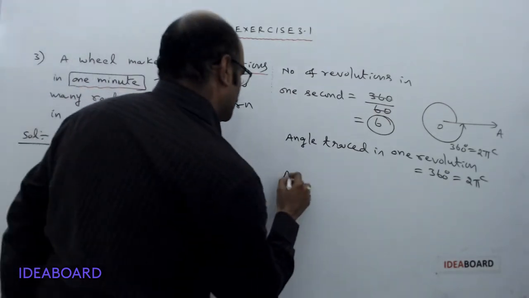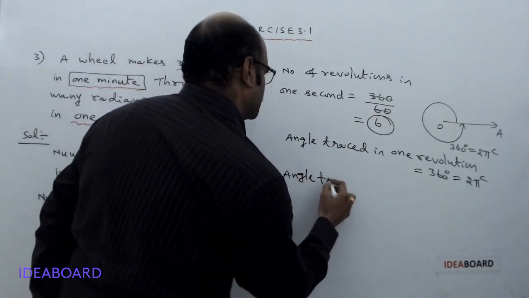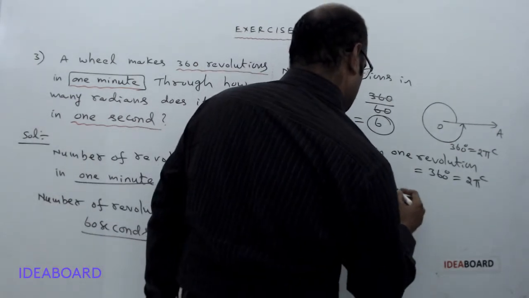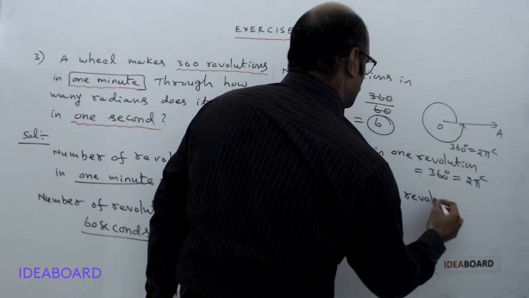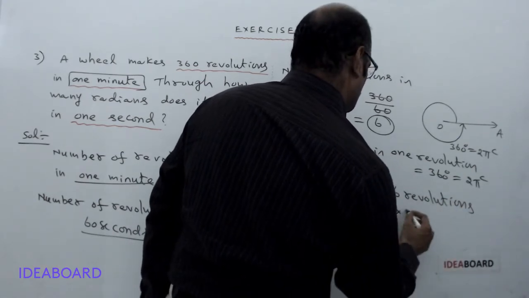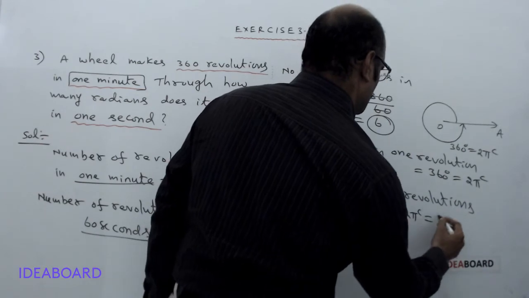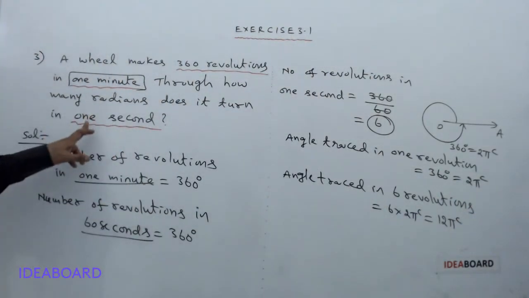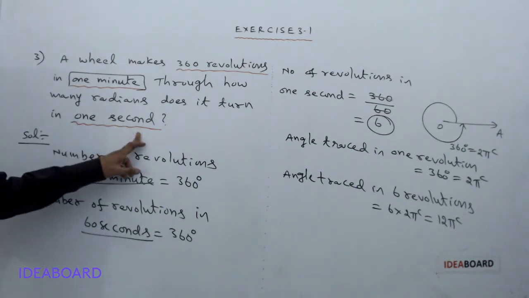Therefore, now we say that angle traced in 6 revolutions equal to 6 into 2 pi radians equal to 12 pi radians. Now here we have to find in 1 second the angle traced.